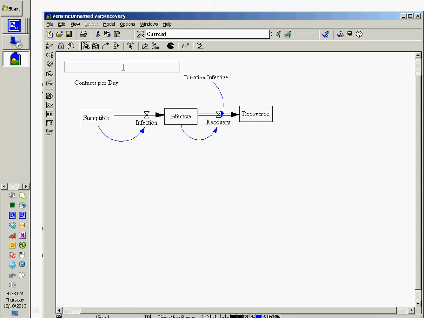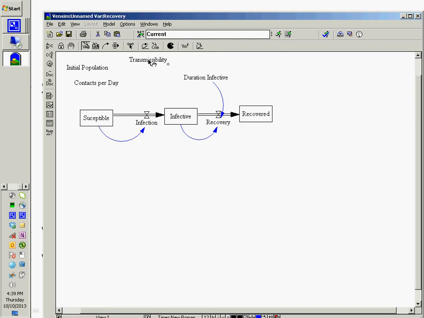We might call it transmissibility. We could call it transmission coefficient, might be another thing, or we could simply call it chance per discordant contact of transmission. I'm going to call it transmissibility, okay? Transmissibility.